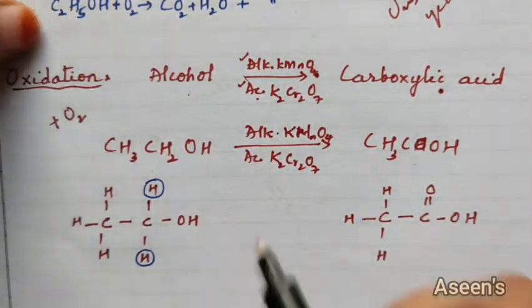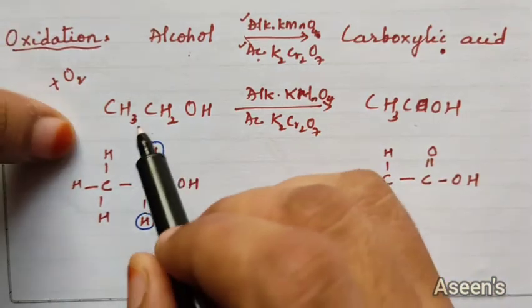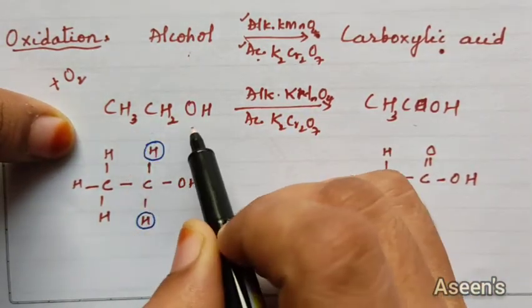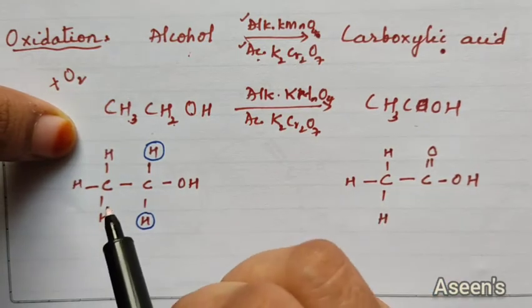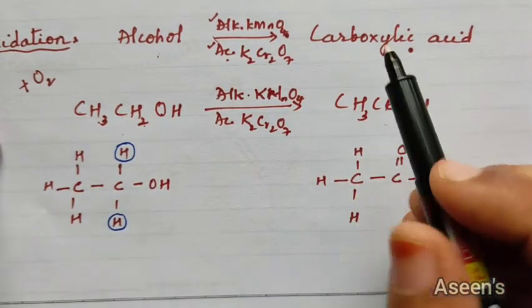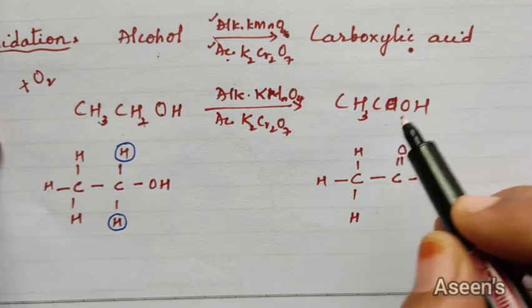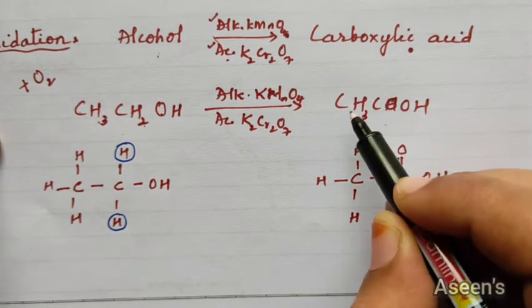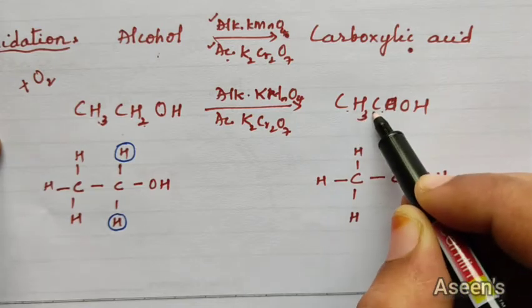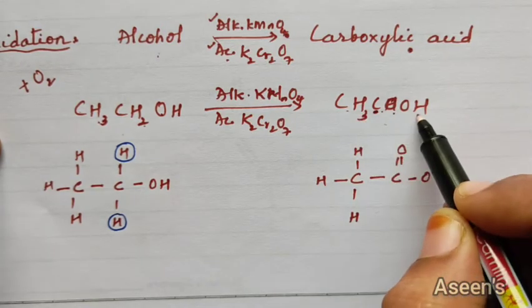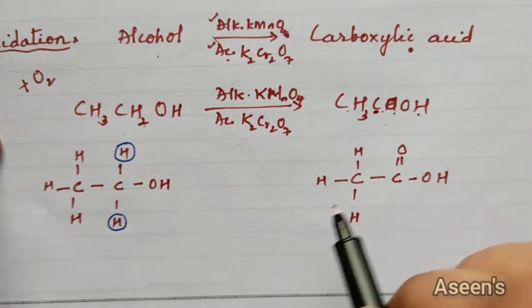As you can see here in the reaction, we have taken ethanol, C2H5OH, as the example, and on the other end we have got ethanoic acid, a carboxylic acid, with 2 carbons, hence eth. Since it's a carboxylic acid, it is ethanoic acid.